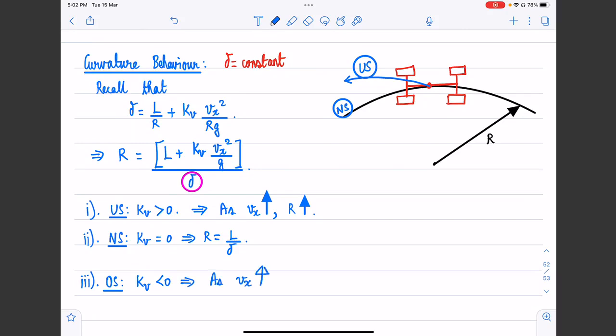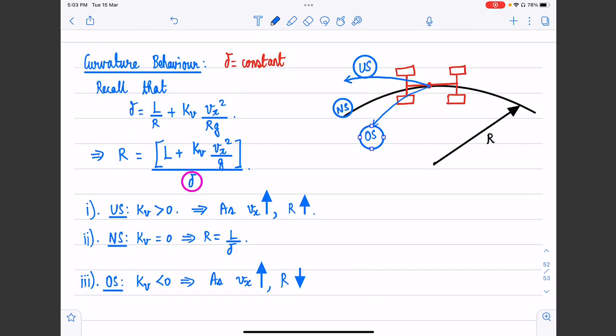From the expression that we have written down, it's very clear that if kV is negative, the radius of turn for the same steering angle input reduces. This is for an oversteer.